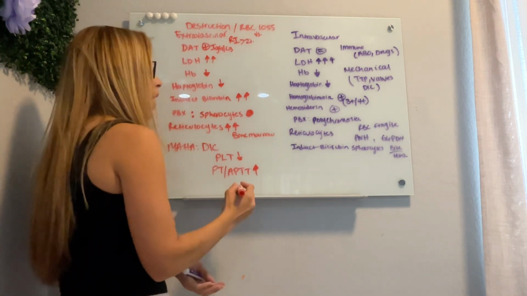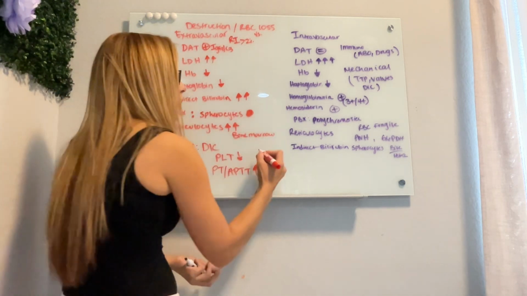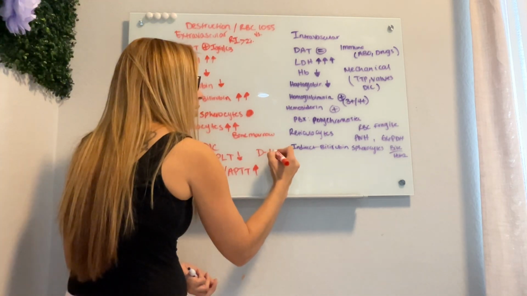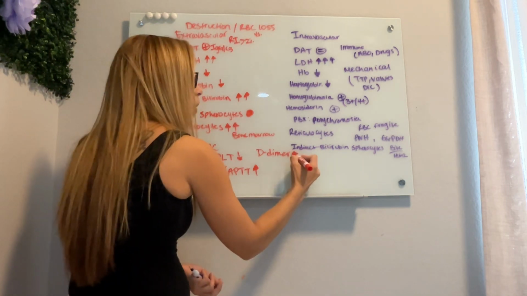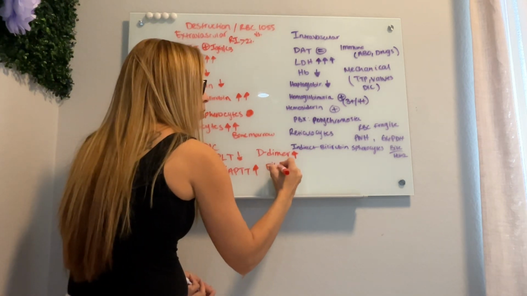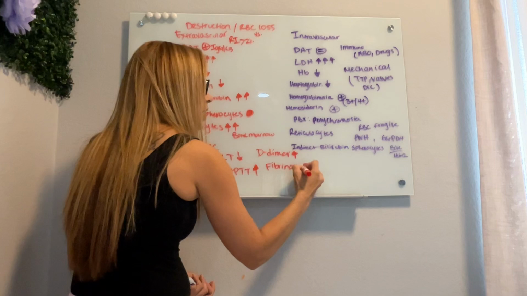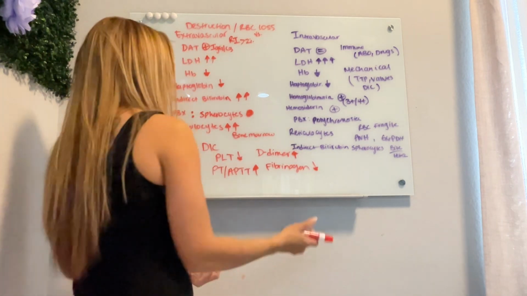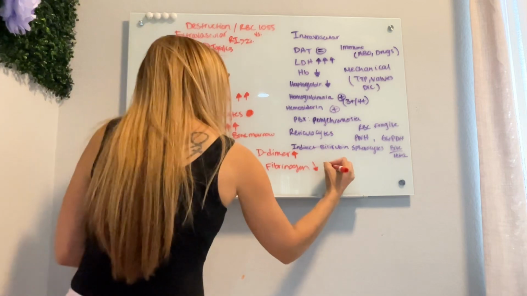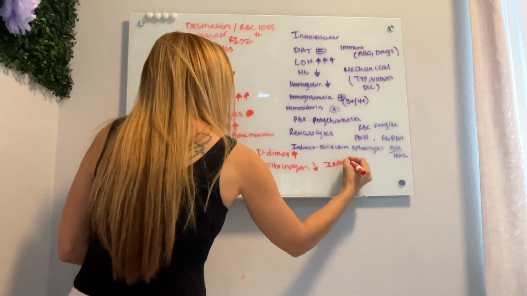And then we would also test for D-dimer. D-dimer is like our Pac-Man in our body that loves fibrinogen. It just eats it right up. And so the fibrinogen is going to be decreased because D-dimer's eating all of it, okay? And then INR increased for DIC.